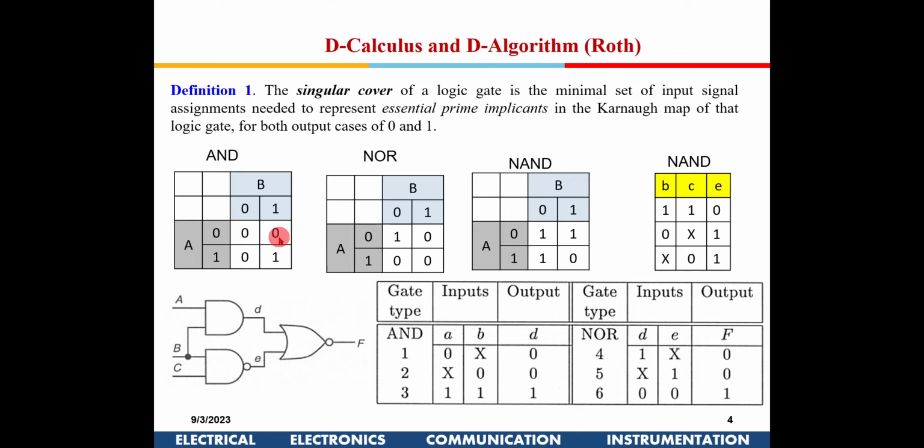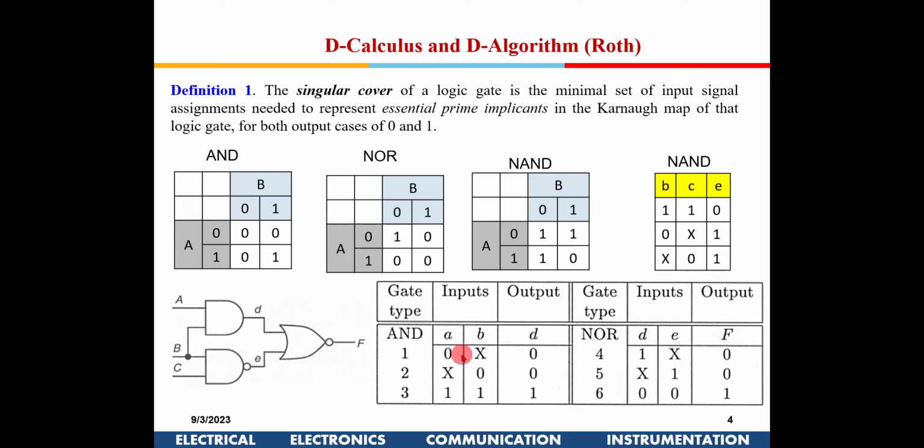And for the 0, it is a singular cover of a logic gate: the minimal set of input assignments needed to represent essential prime implicants for both output cases of 0 and 1. Now if I have to have an output 0, I can have either this or this, any combination. What is this? This is just A dash, and B can be anything.